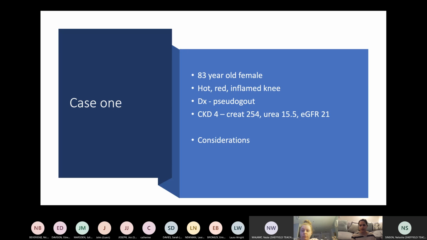So hopefully it won't last for a long time. What else did I think about for this? Thinking about the fact that her renal function is impaired, that's going to limit potentially what you can pick. And then I haven't given you much information, so it's thinking about, has she got delirium? Is she at risk of falls? What's her body weight? So all those sort of things to take into account.